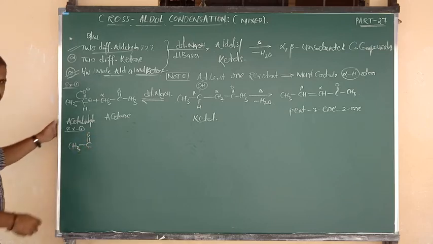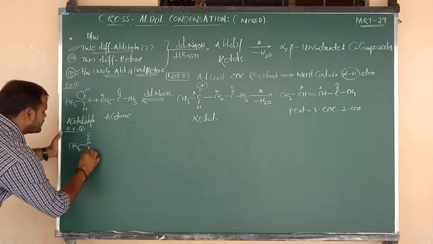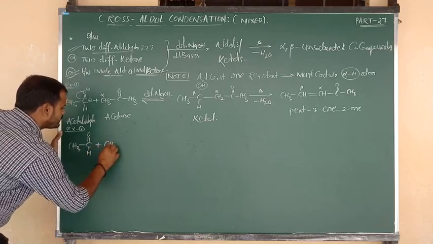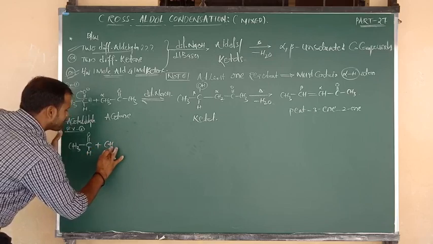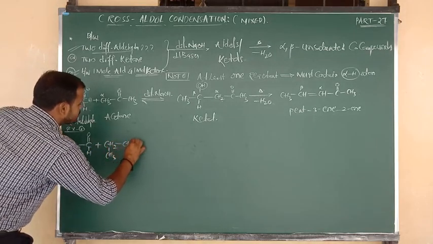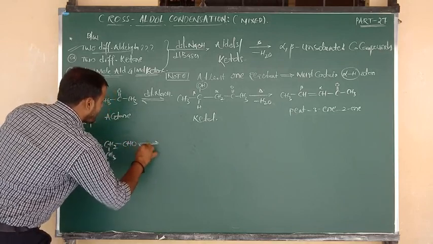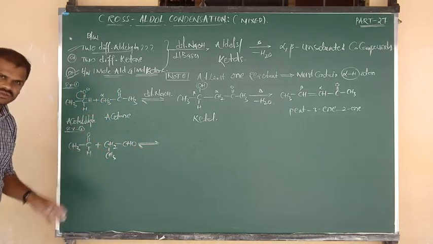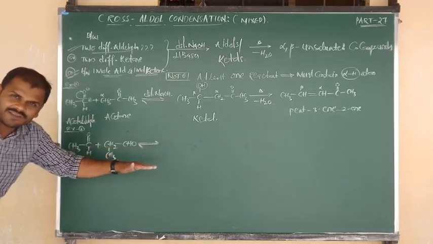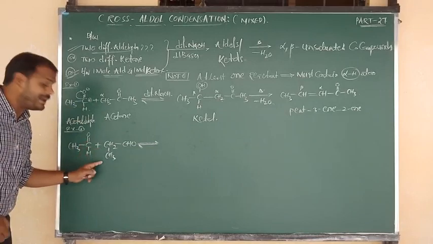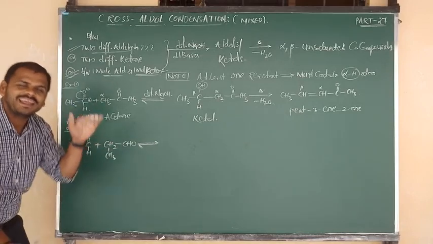Now I am going to take the 3 carbon aldehyde, that is nothing but propionaldehyde: CH3 bonded to CH2 bonded to CHO. Of course we can write it in a straight way, but we want the alpha carbon, we don't want the beta carbon, so that beta we have to write as a side chain.